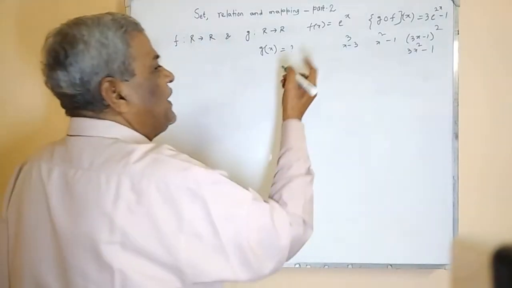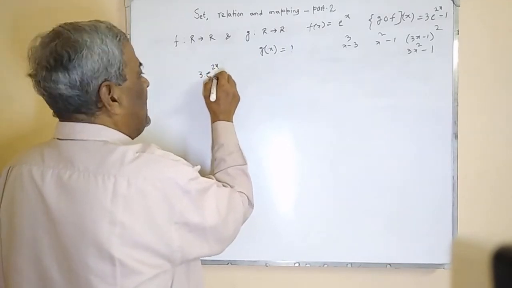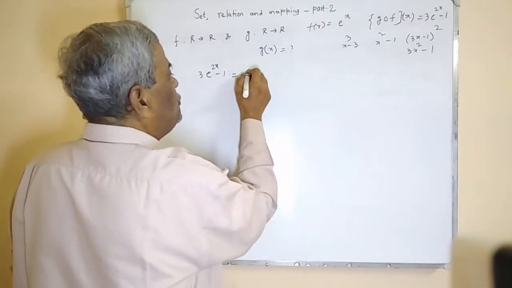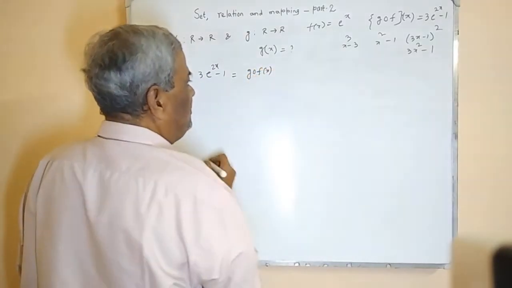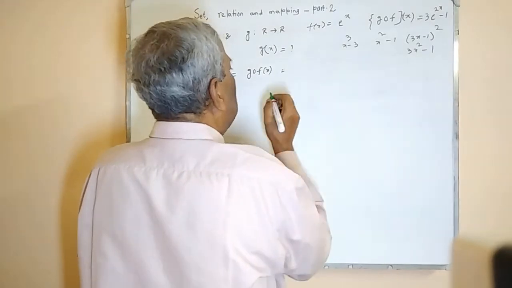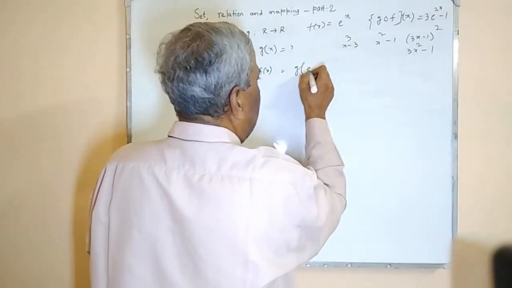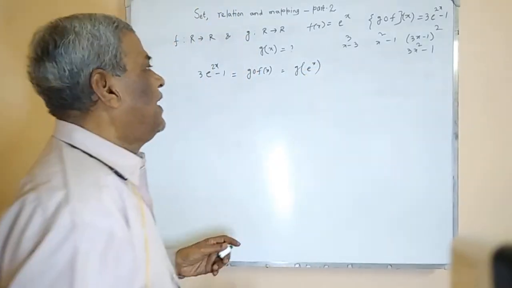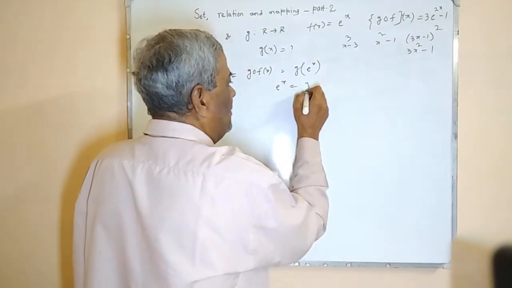Now, from the given relation, 3 e to the power 2x minus 1 is equal to g composition f of x. f(x) means e to the power x, so it is g of e to the power x. Suppose e to the power x is equal to y.